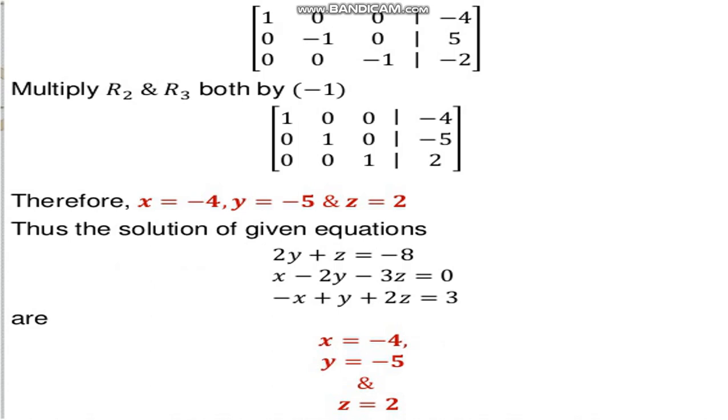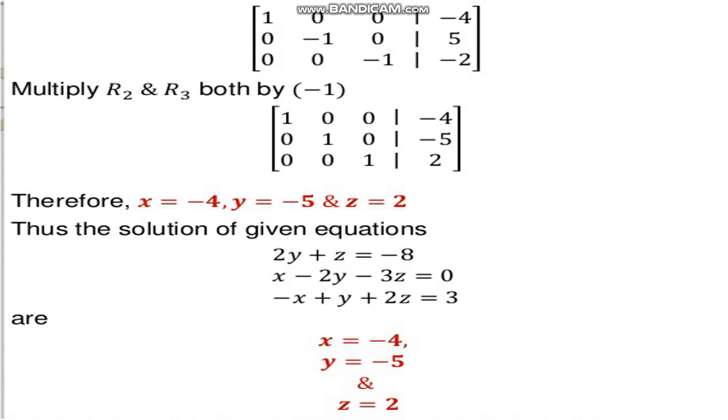So finally, we have the identity matrix on the left side of this augmented matrix, but the issue is that negatives are involved in the diagonal of the identity.